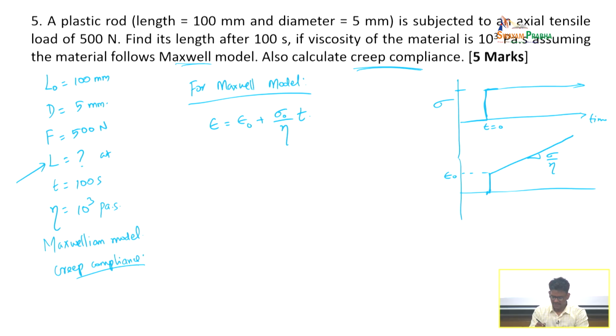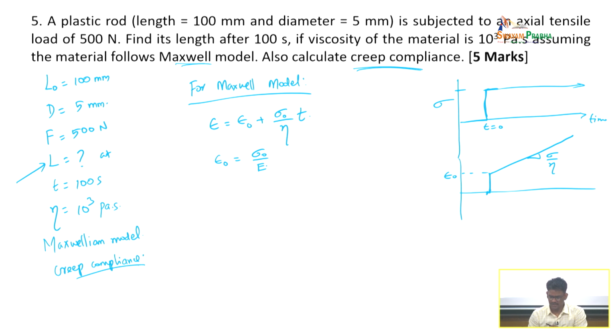Now, what is epsilon naught? What would the elastic response be? Yes, stress by Young's modulus. Can we calculate stress? We can, because it is force by area. Force is given, 500 Newton, and the cross-section area is pi by 4 d square.